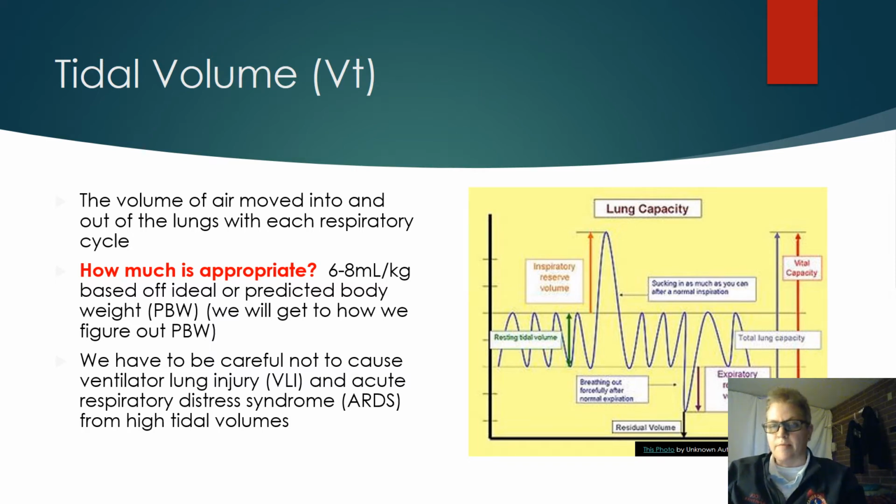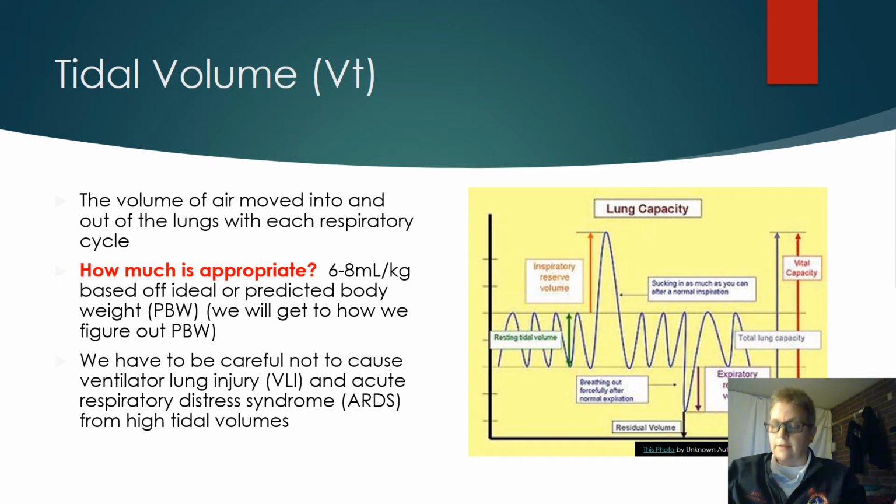Increased vascular permeability, that's not a good thing. Abnormal accumulation of fluid in the lung, that causes alveolar flooding, causes atelectasis, causes the infiltrates that you see on x-ray, causes hypoxemia from shunting. So those high tidal volumes are not good.